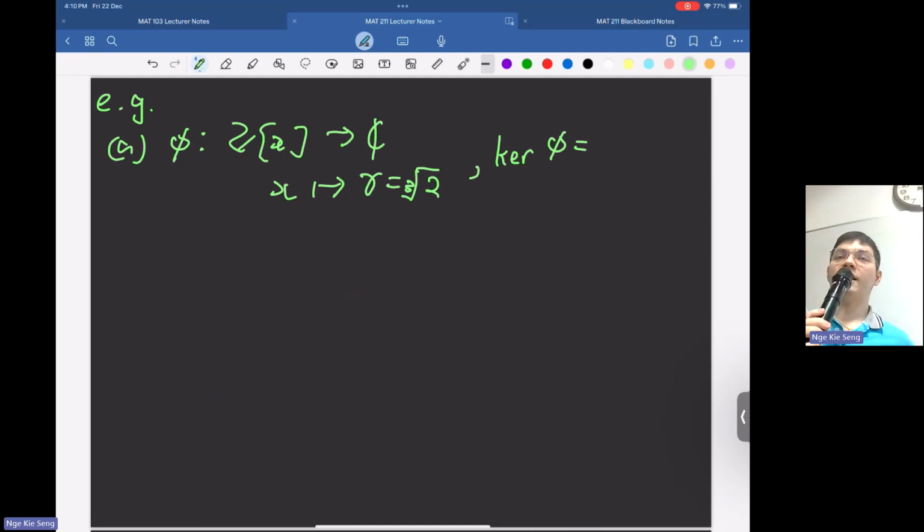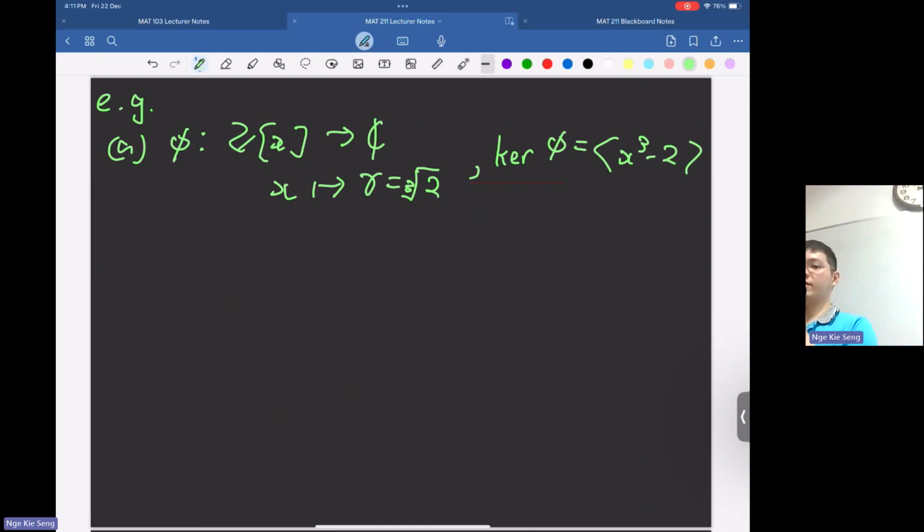What's the polynomial that gets sent to 0 under this map here? x cubed minus 2. And then you should check that this is actually the lowest degree polynomial that gets sent to 0. Okay.